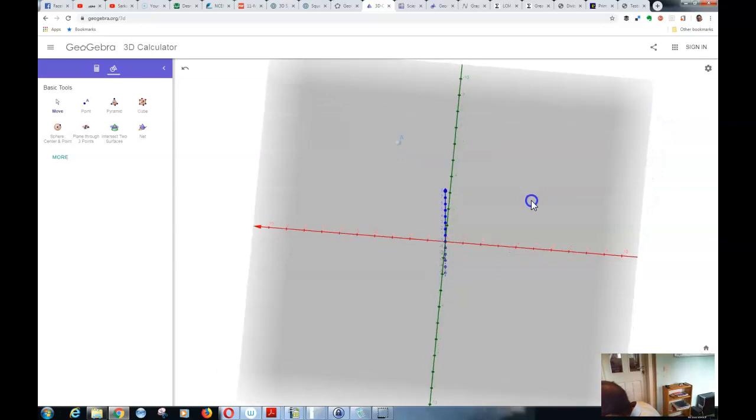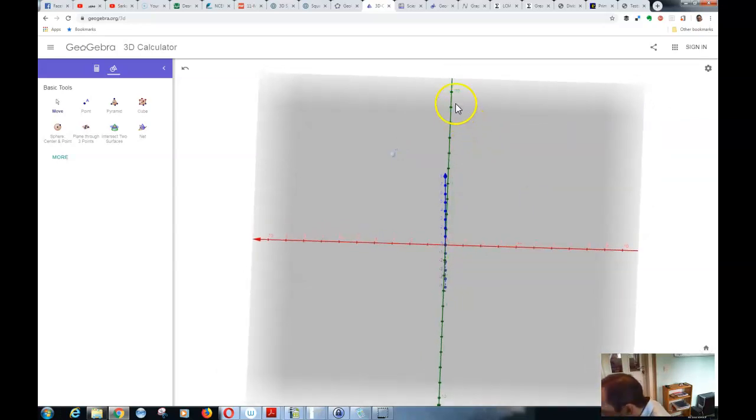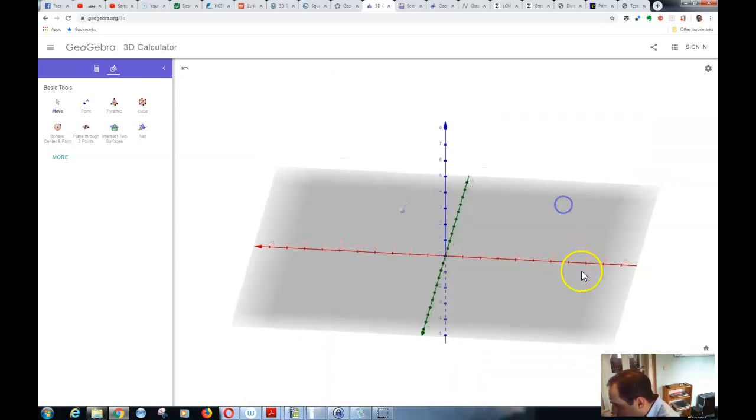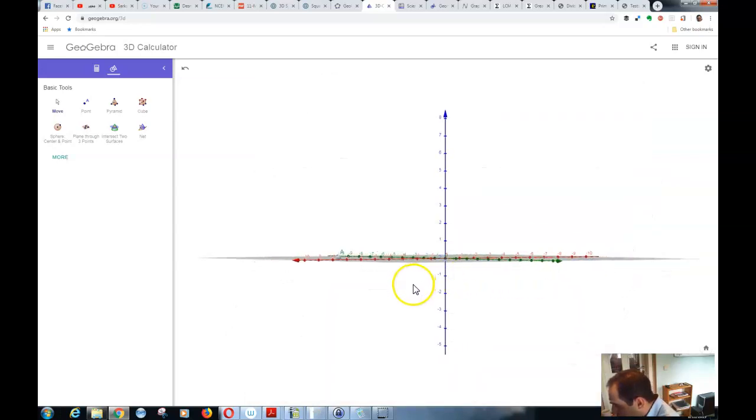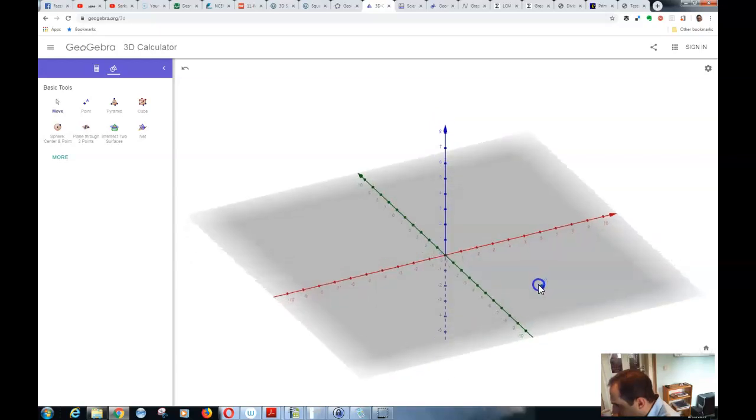So now you can see that these numbers over here are negative. Now these numbers are positive. These numbers are negative. These numbers are positive. So I need to move this a little bit. It seems that it doesn't stop.